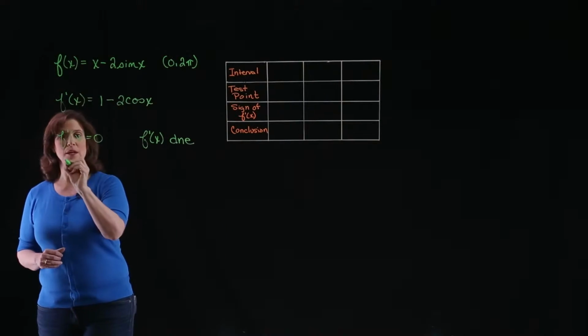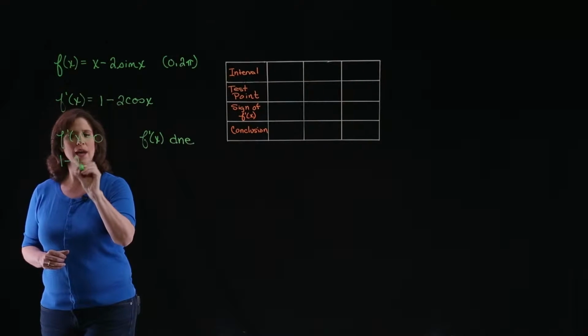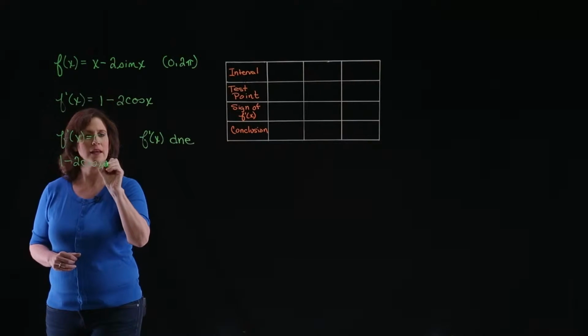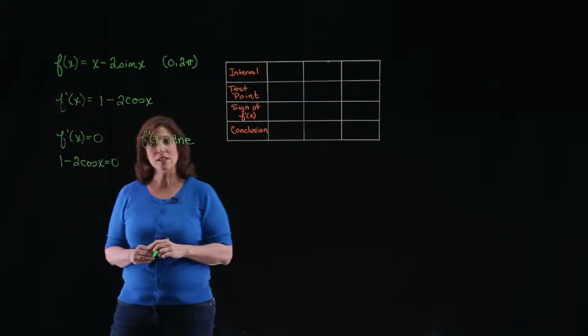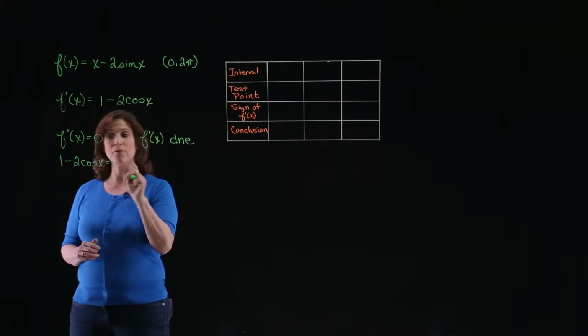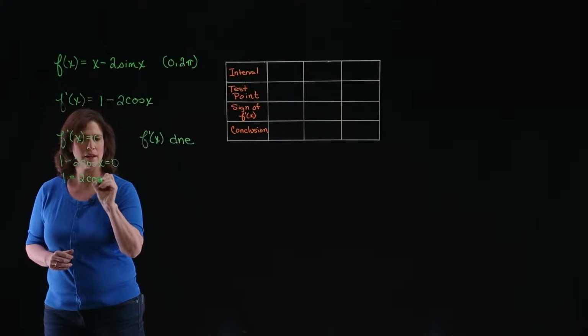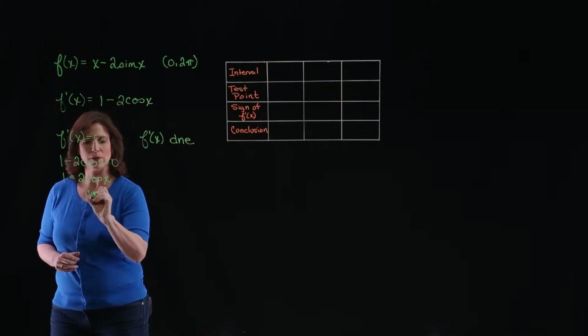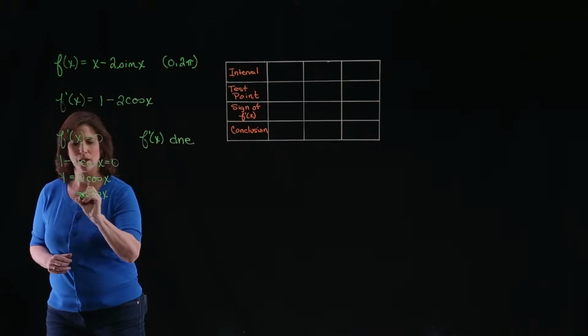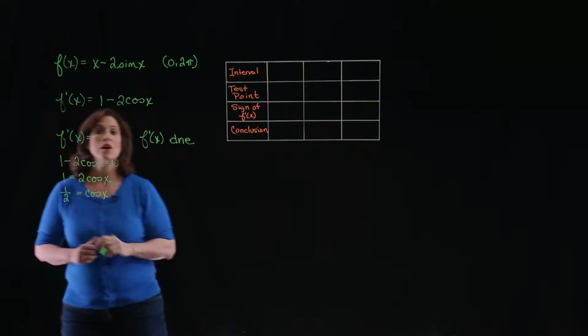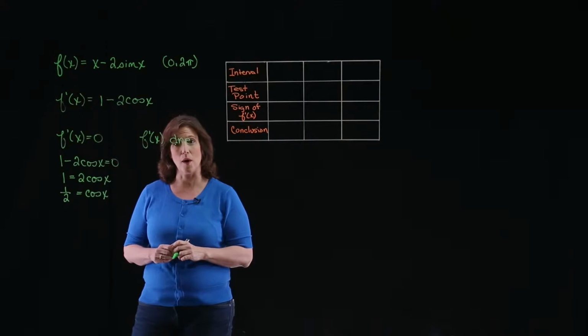Well, the derivative equals 0 when 1 minus 2 times the cosine of x equals 0. This is a trig equation that we can solve by, first of all, adding 2 cosine x to both sides, and then dividing both sides by 2. So we have the cosine of x equals 1/2.